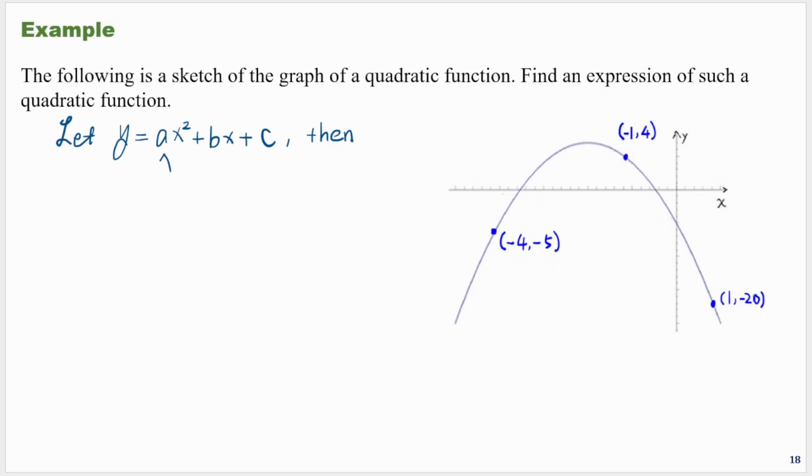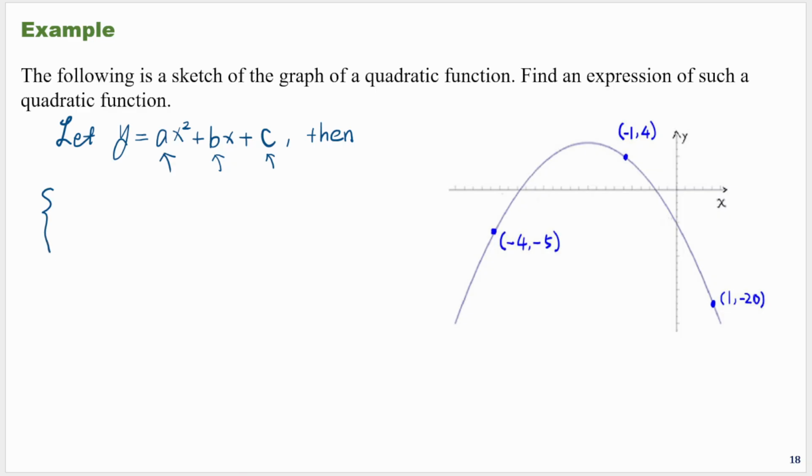Then you need to solve for a, b, and c to get the desired function. So there are 3 unknown values, right? According to the basic principle of algebra, you need at least 3 equations, right? And luckily, there are 3 equations because you can simply use these 3 points.